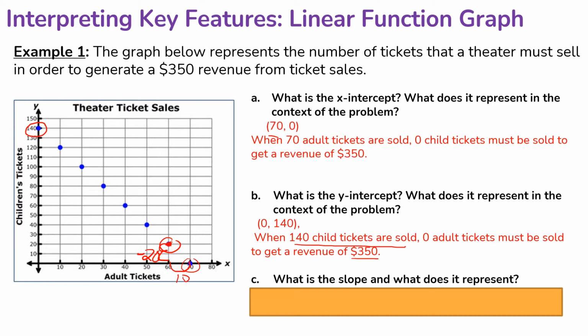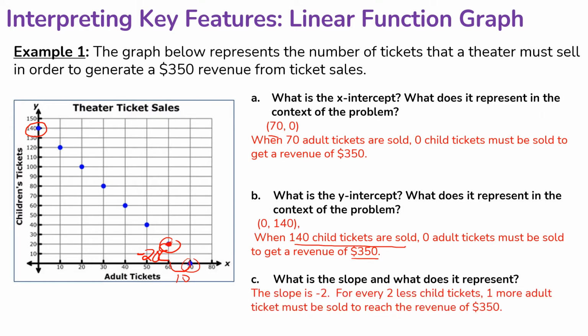And so my slope, rise over run, that would be -2 because 20 over 10 reduces to -2. And what does this represent? Well, for every 2 less child tickets, 1 more adult ticket must be sold to reach the revenue of $350.